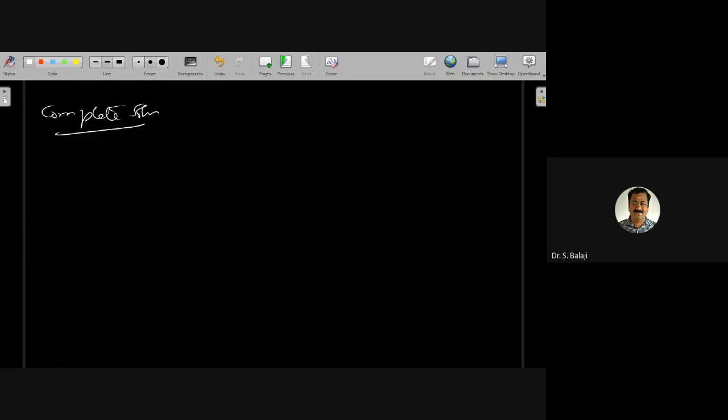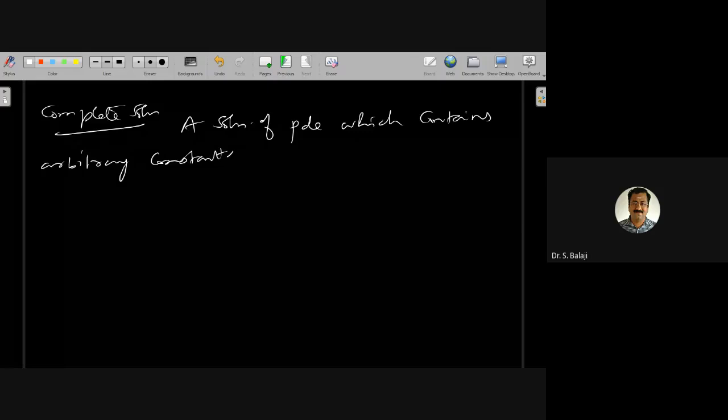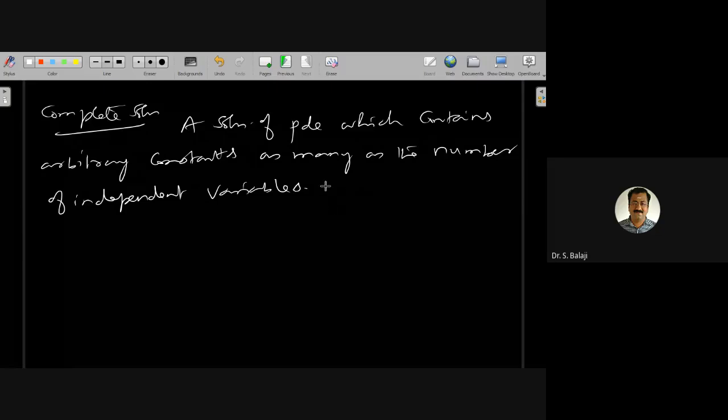Complete solution means a solution of PDE which contains arbitrary constants as many as the number of independent variables of the PDE.